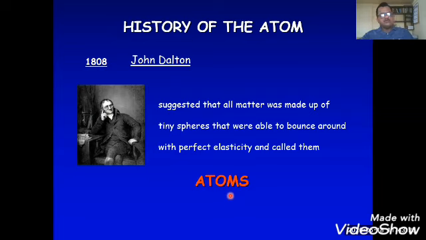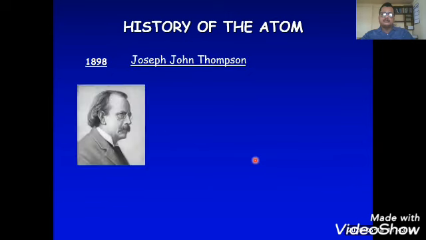So in 400 BC, Democritus introduced the word atoma and advocated that matter is discontinuous and made up of indivisible particles. That theory was further carried forward by John Dalton, who suggested that atoms are very tiny spheres which can bounce off one another with perfect elasticity, and called them atoms.